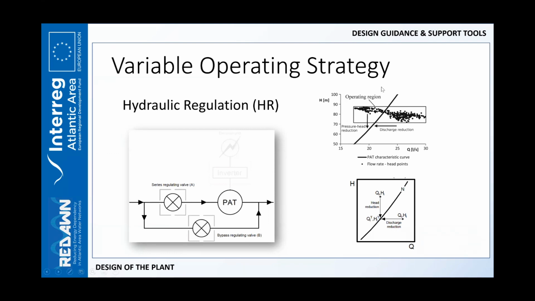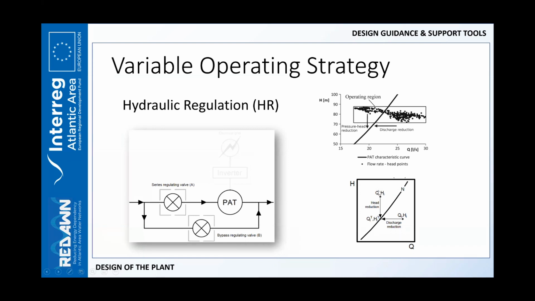Well, when the available head jump is higher than the one that can be turbined for a specific value of discharge, the series valve operates to reduce the excess pressure. When the discharge is higher than the one that can be turbined with this available head jump, the bypass is opened to bypass a part of the discharge.